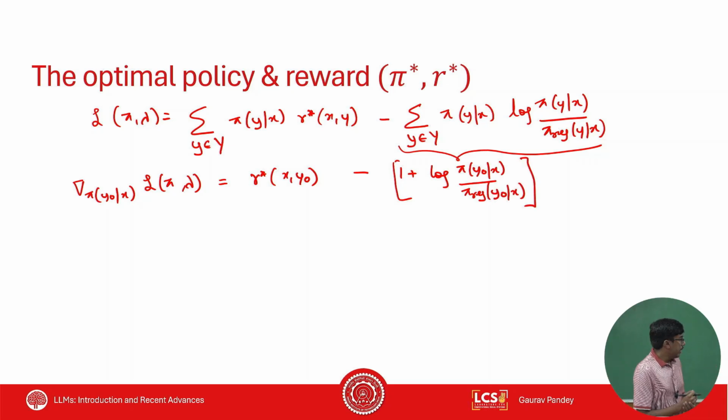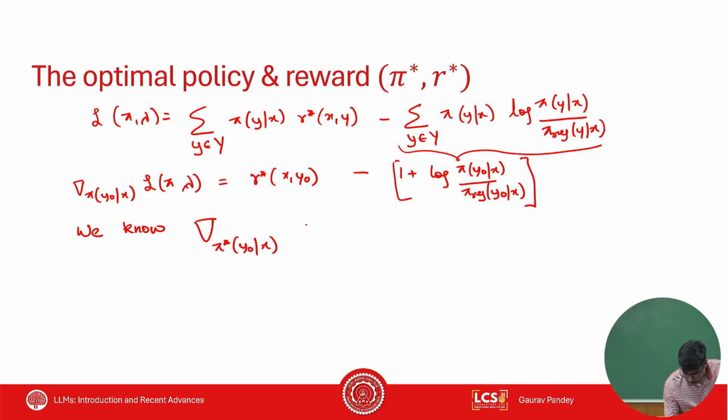And we know that at the optimal value pi star, this gradient should be 0, right? So the gradient at pi star(y naught given x) should be equal to 0.